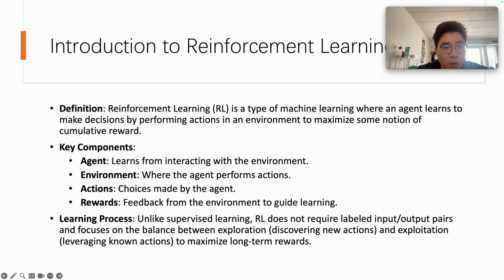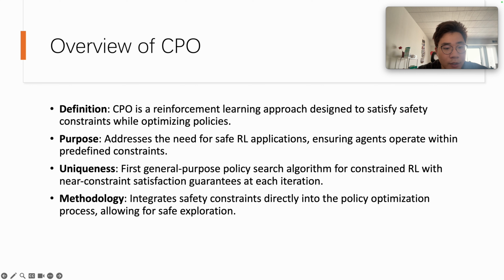So now that we know what reinforcement learning is, let's dive deep into the overview of Constraint Policy Optimization, which later I'll abbreviate to CPO. CPO is a reinforcement learning approach designed to satisfy safety constraints while optimizing its policies. The purpose is to address the need for safe reinforcement learning applications and ensure that agents operate within predefined constraints, especially for real-world applications where there are different constraints, and we want to handle them directly during the learning process.